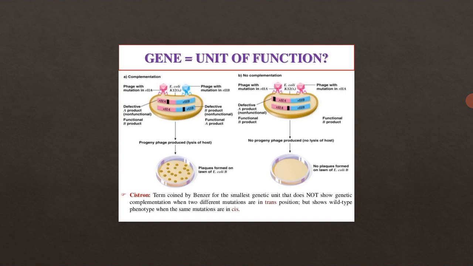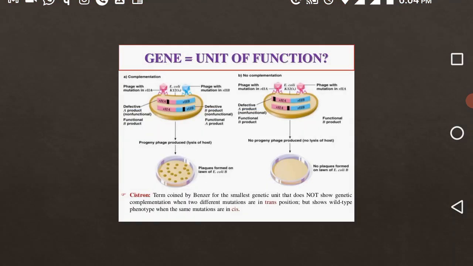Now this example is of the T4 phage, in the R2 gene that we studied in the previous lectures, right? The R2 gene components are only the R2A and the R2B, okay? And therefore the no complementation test can also be called the cis configuration, in which both the mutations are present in the same gene.